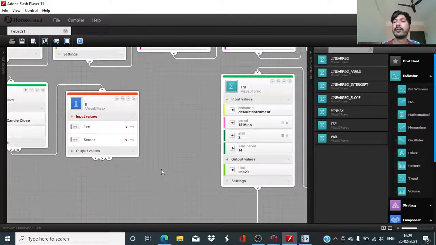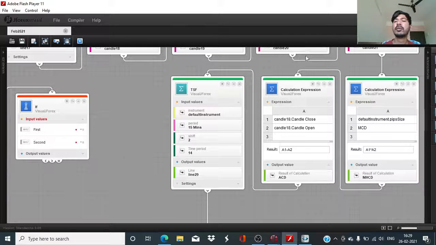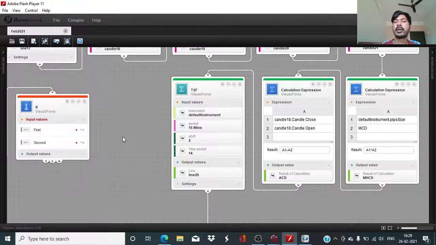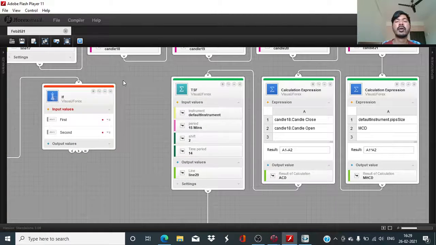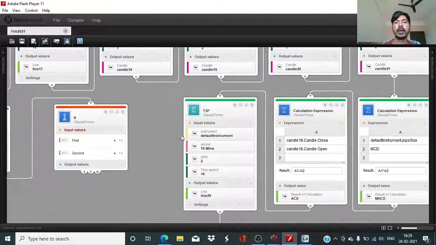And now coming back to TCF and candle 19's closing value.